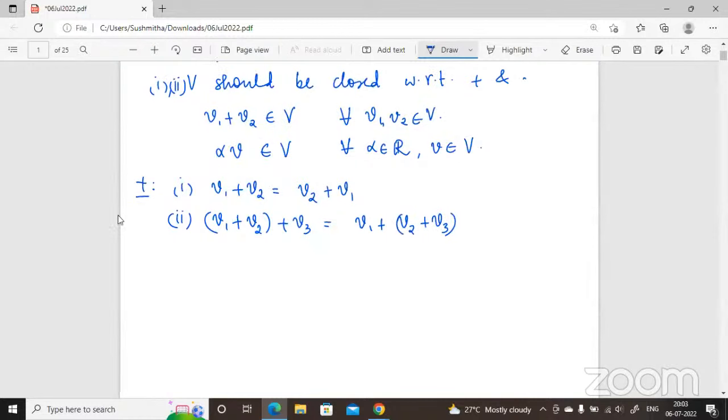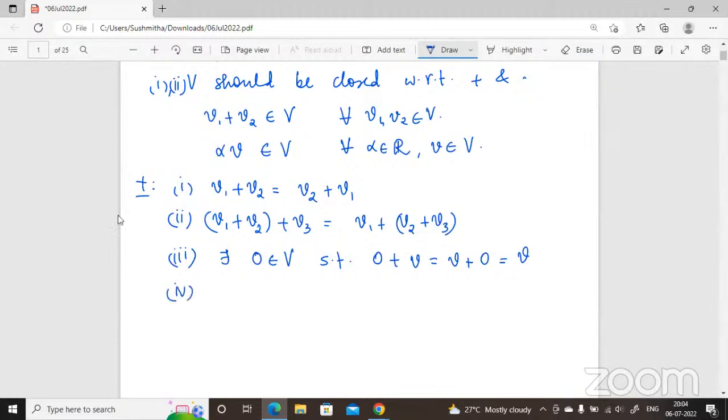All these conditions should be satisfied for every vector in V. And then there exists a 0 in the vector space. What is the 0 actually? It is that vector which, when added to any other vector, gives the vector itself. This 0 need not necessarily be 0 or 0, 0. It is that vector which when added with any other vector gives the same vector, so 0 plus V should be equal to V. That is what we want.